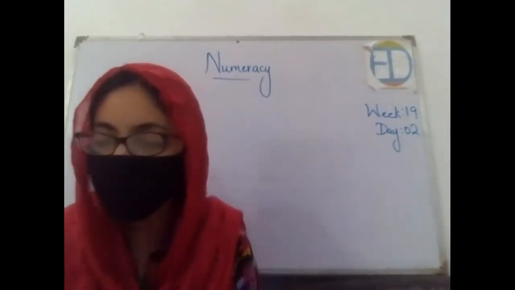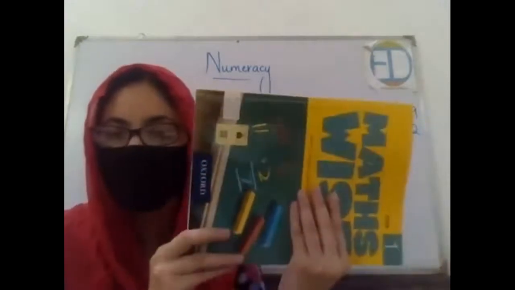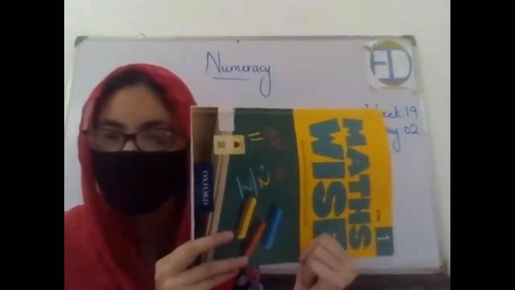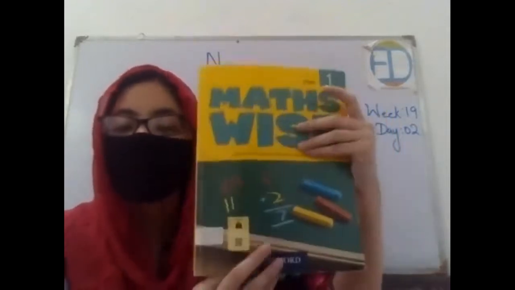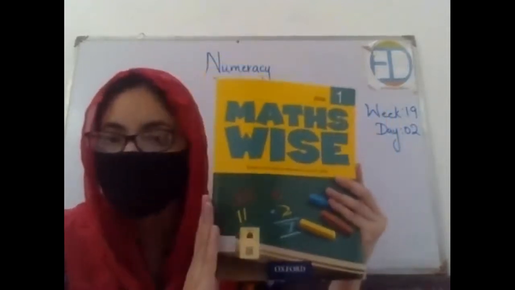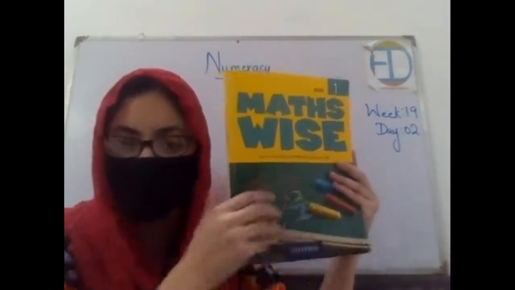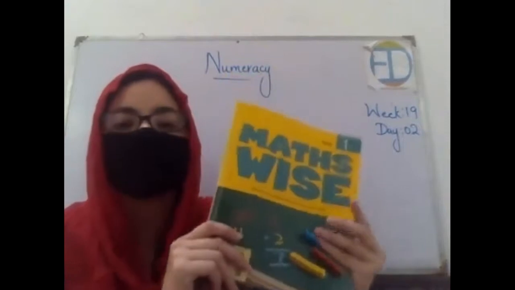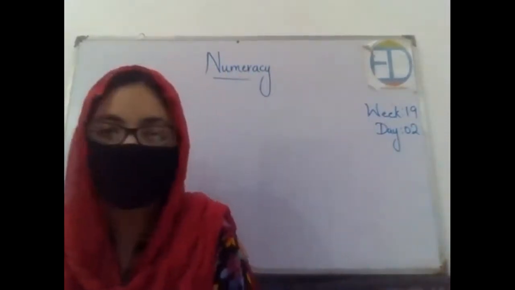Now look at this book. Can you tell me about its shape? Is it a square? No, again not a square. Why? Because these two sides are greater in length than these two sides. So this means it's also not a square, right? Now look at this duster.